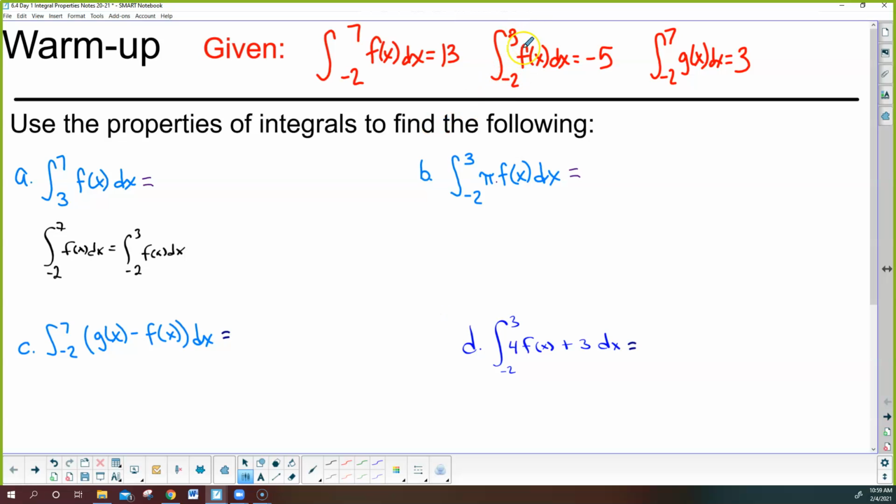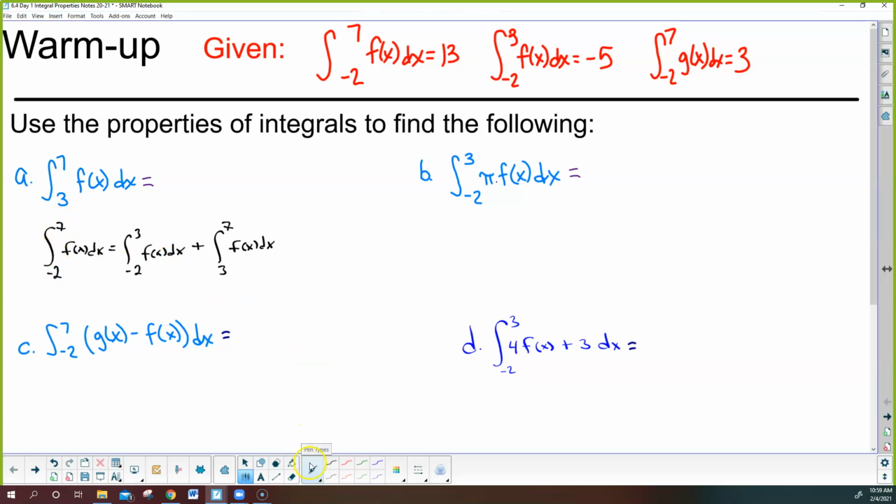That's what this middle one says, from -2 to 3. And then if I go from 3 to 7, that will complete the full distance from -2 to 7. So remember our properties. We go from -2 to 3 and then 3 to 7, and these two added together give me the full area.